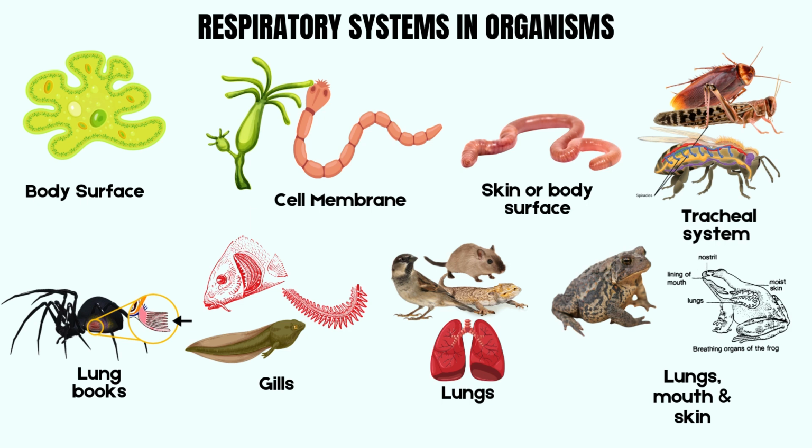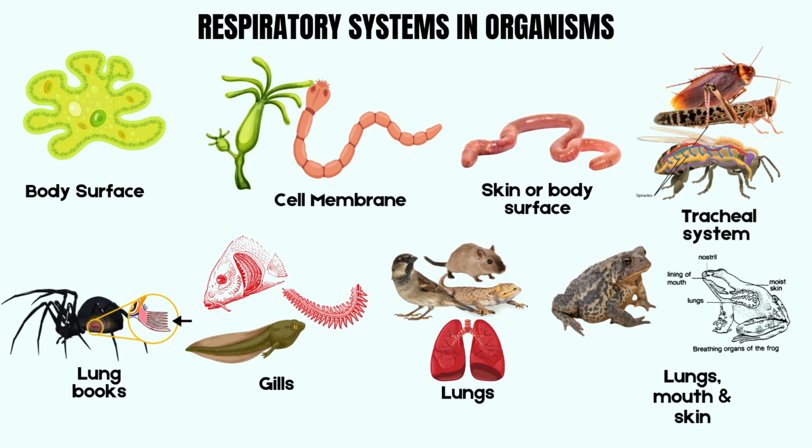This trachea system is an efficient system which leads from the spiracles on the abdomen of insects to ensure exchange of gases. Arachnids like spiders and scorpions make use of book lungs to carry out gaseous exchange. Tadpoles also use gills to carry out gaseous exchange.